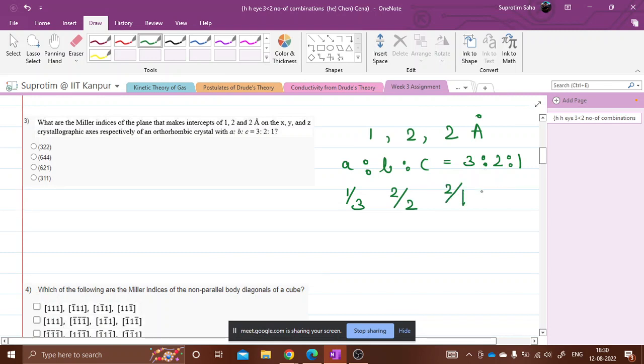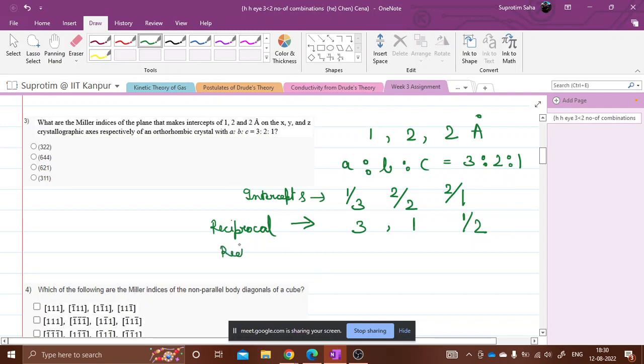All right. Now we have to do the reciprocal. Right? So just to find the Miller indices, intercepts, right? Reciprocal would give you 3, 1, half.